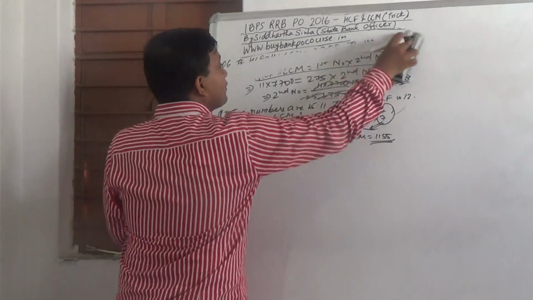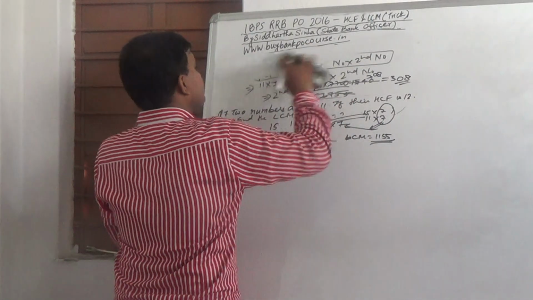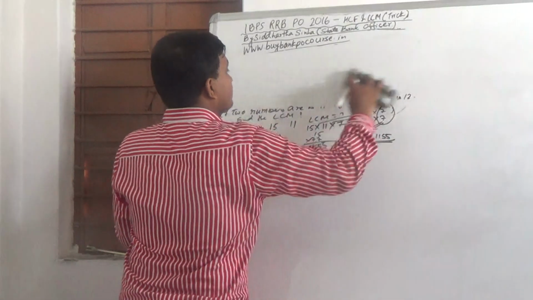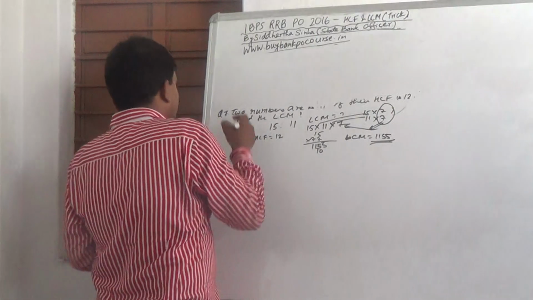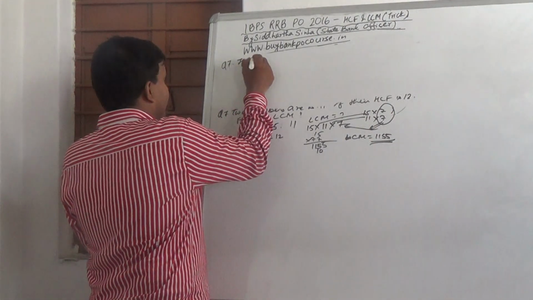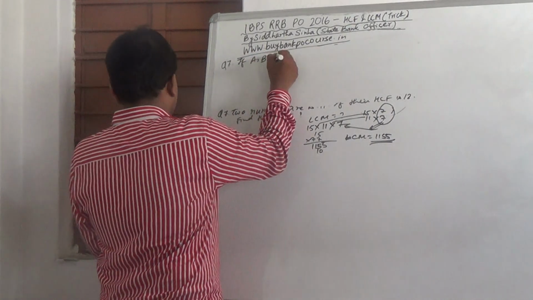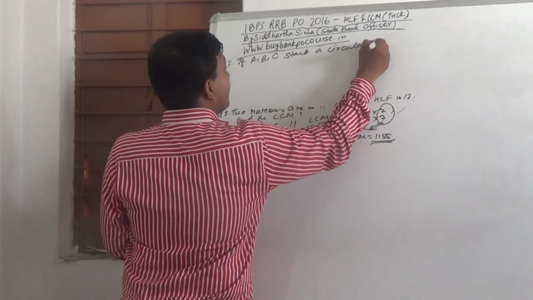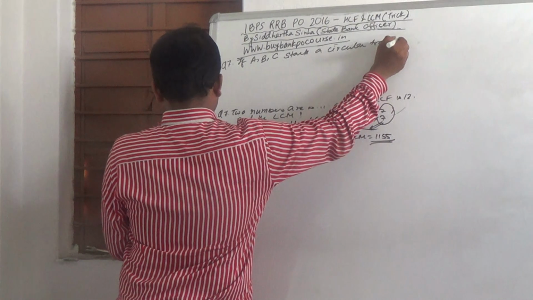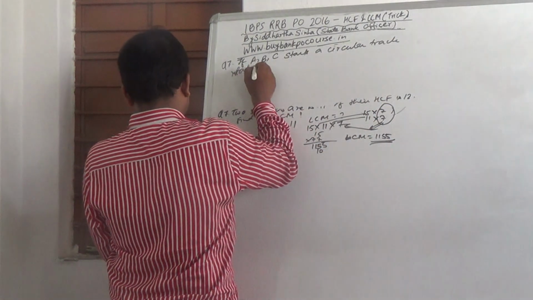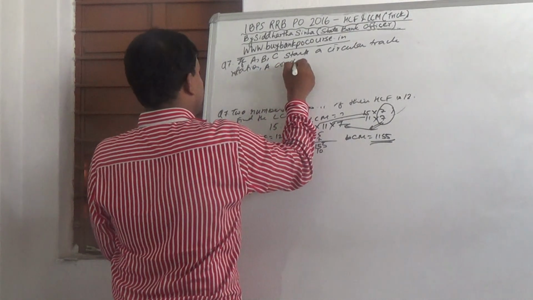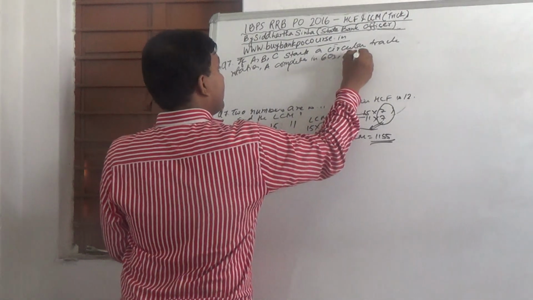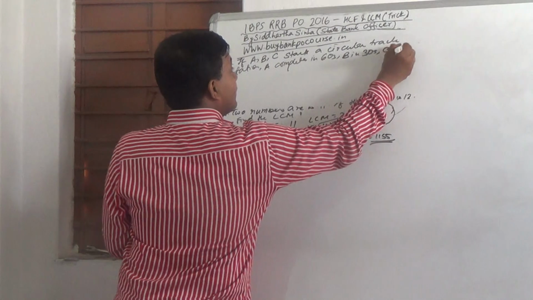Now one more question is there. If A, B, C start on a circular track rotation, A completes in 60 seconds, B in 30 seconds, C in 90 seconds.